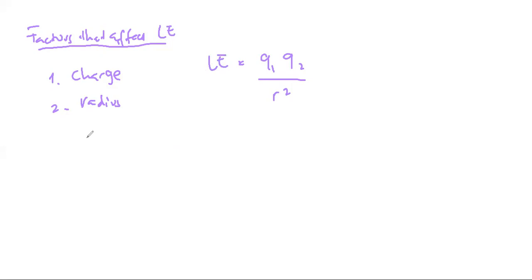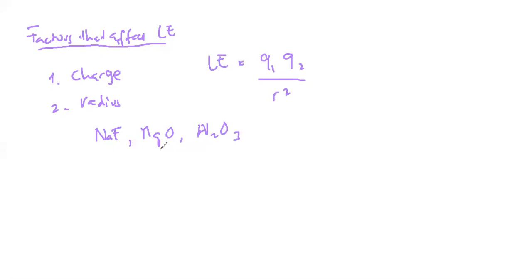For example, if we compare lattice energy between NaF, MgO, and Al2O3, and you are asked to arrange the lattice energy from the most exothermic to the least exothermic, we can use this formula.